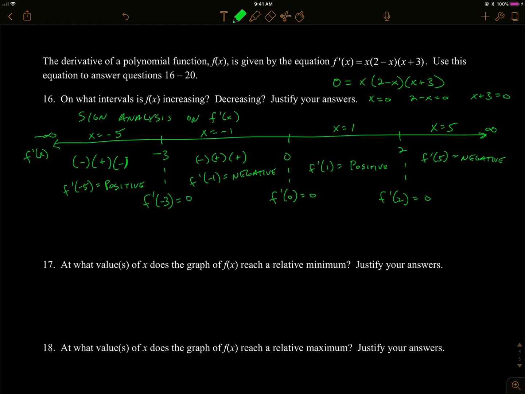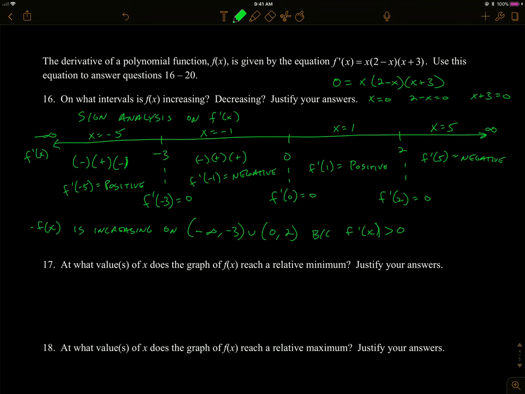Okay, so I want to answer the question now based on this sign analysis. When is it increasing? When is it decreasing? So I'm going to say f of x is increasing on the interval negative infinity to negative 3 union 0 to 2, because f prime of x is bigger than 0 on those intervals.